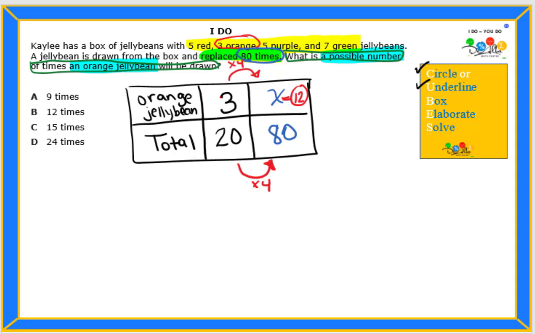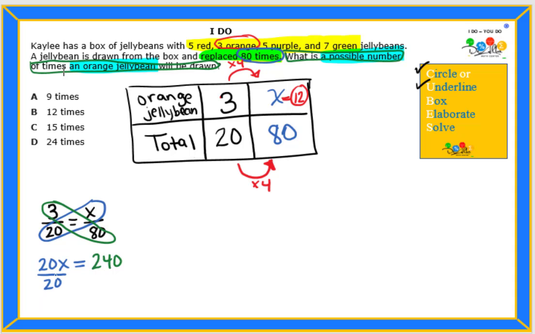Another way is if we actually use the cross products from this proportion. So I can set up the proportion here from my box: 3 out of 20 is equal to x over 80. And I've used my cross products. So 20 times x is 20x, and that will be equal to 3 times 80, which would be 240. So now we would divide by the coefficient 20.